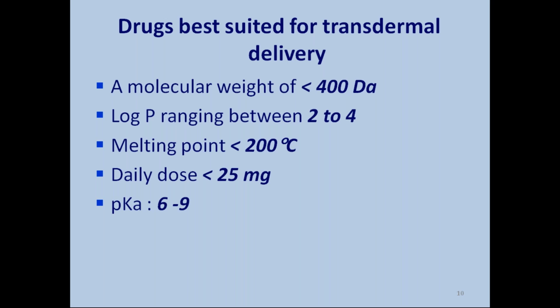Logarithm of partition coefficient is log P. So the partition coefficient is around 100 to 10,000, and the log P will automatically be between 2 and 4. So it's easier for you to remember. That's the reason we express it as log P, log of partition coefficient.